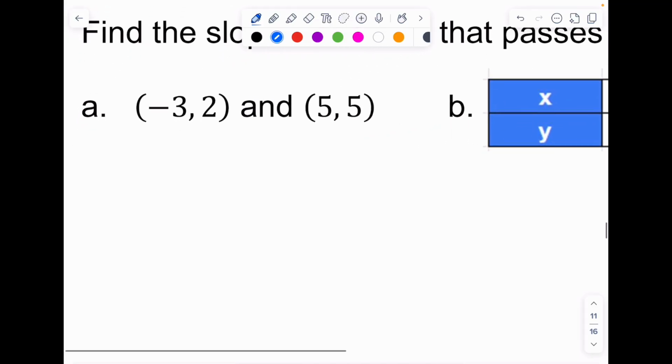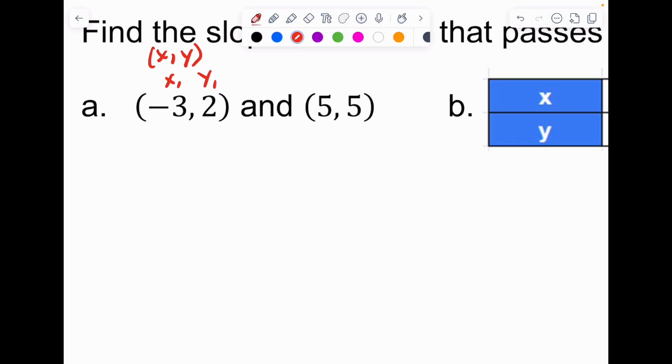So on A, we just gave you the points in ordered pair form. I am going to label my points. I'm going to choose to make this my x1 and my y1. Remember, ordered pairs come in terms of xy, not xx, not yy. It's x comma y. And I denote the sub ones, that's my first set. And I'm going to make this my second set. So this is going to be my x2, y2.